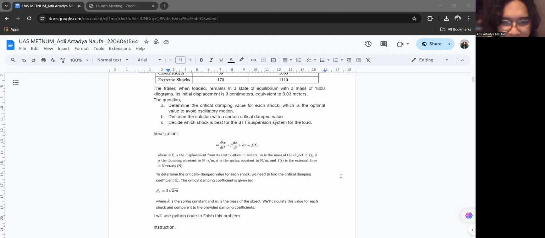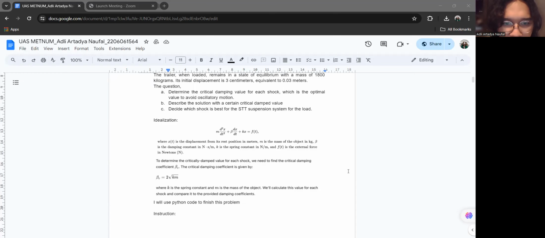The next is idealization. We use this formula where x(t) is the displacement from its rest position in meters, m is the mass of the object in kilograms, beta is the damping constant, k is the spring constant, and f(t) is the external force in newtons.